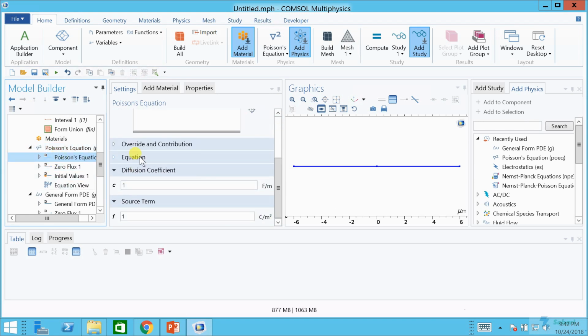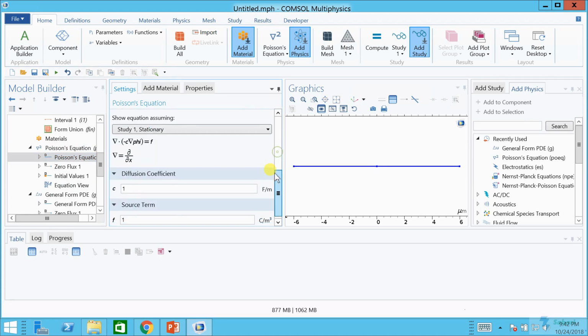Our next process is to denote the Poisson equation values. We know the Poisson equation is like this, where for the c value I'm going to enter epsilon naught const, which is the permittivity of free space, times 11.8, which is the relative permittivity of silicon.